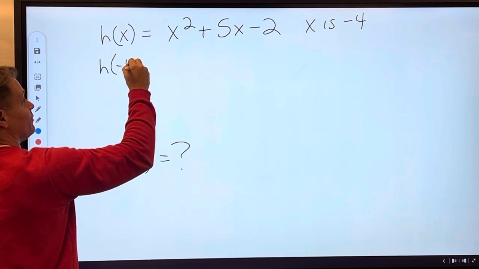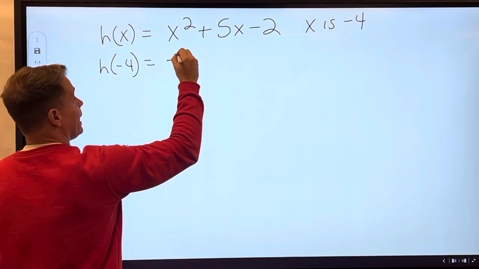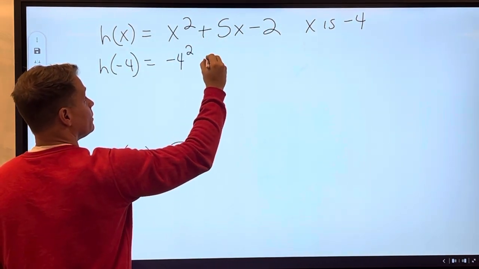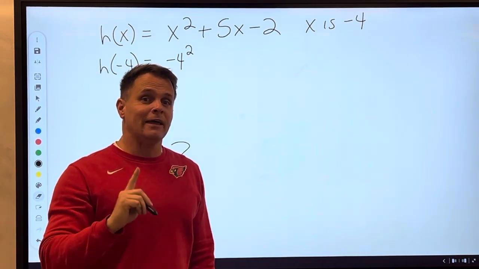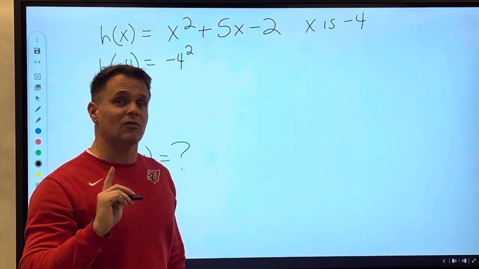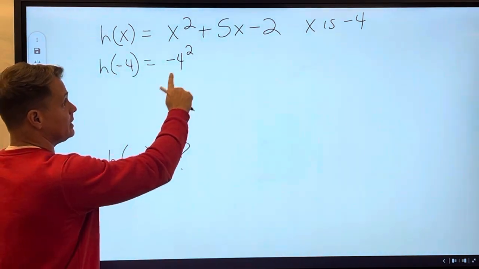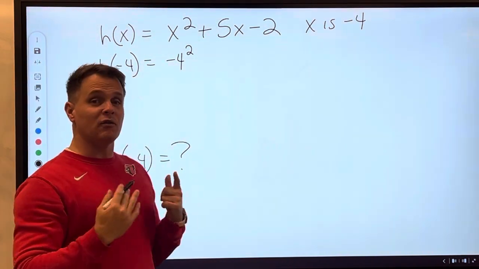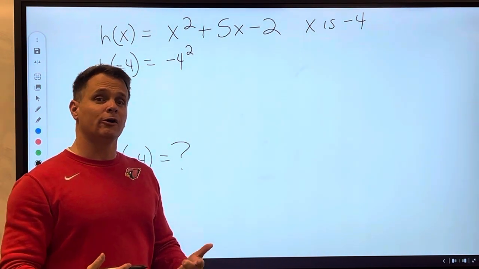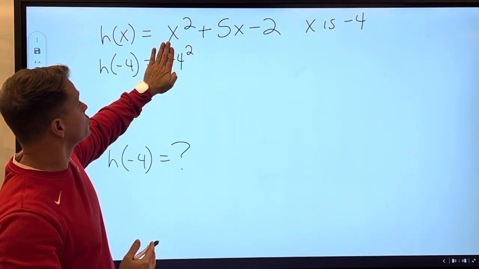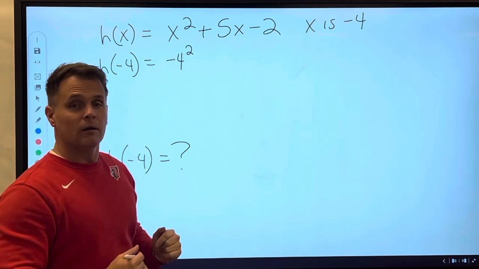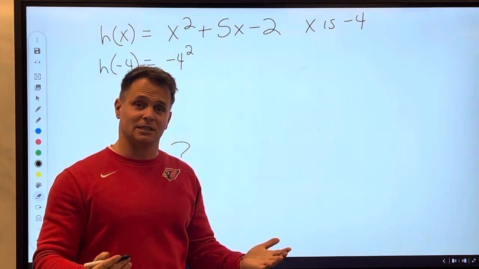So h of negative 4 equals negative 4 squared. Now, one major mistake that people make when they substitute negative 4 in place of x when there's a square is they'll leave it like this. If you put negative 4 squared in your calculator, your calculator will square the 4 and then put the negative sign there and give you negative 16.